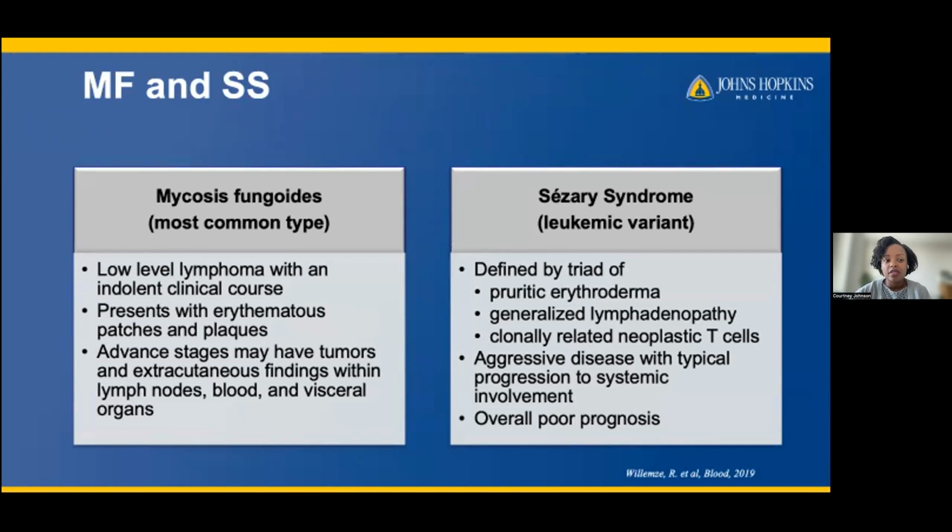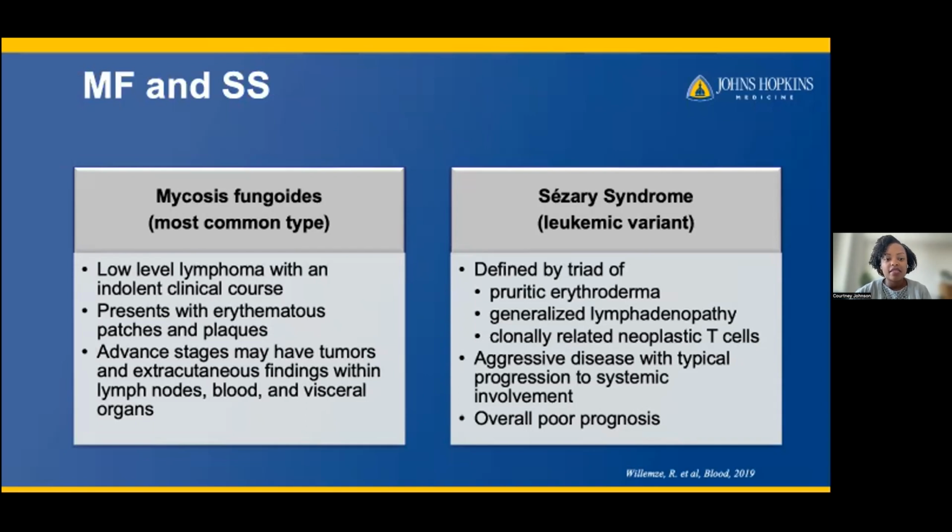When patients do present, they come in with patches, erythematous patches or plaques, but if they have a more advanced disease, they can have tumors and extracutaneous findings, including the areas of the lymph node, blood, and visceral organs as well. Sézary syndrome is a bit of a different form, so it's more of the leukemic variant of this disease.